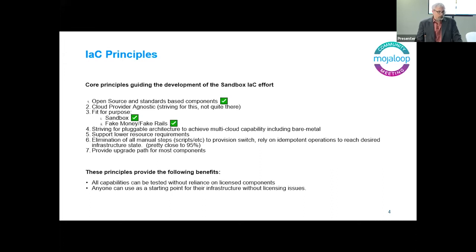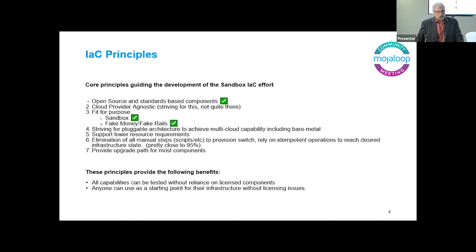From a CI/CD perspective and infrastructure as code execution perspective, we want to eliminate as many manual steps as we can, so that we have idempotent operations that allow us to reach the desired infrastructure state. And when I say infrastructure state, I mean the state of the actual infrastructure as well as the applications that are deployed and provisioned on top of that infrastructure. And then we need to provide an upgrade path for most components that would support that.